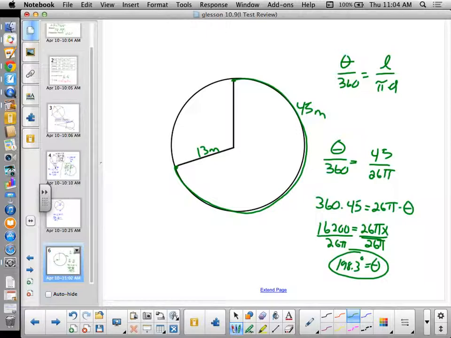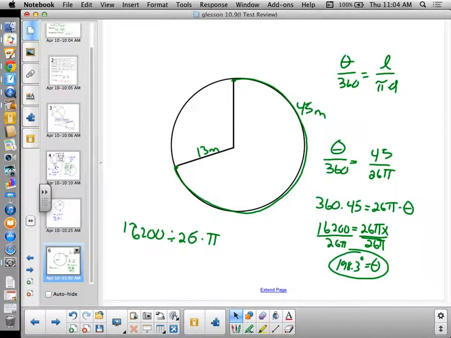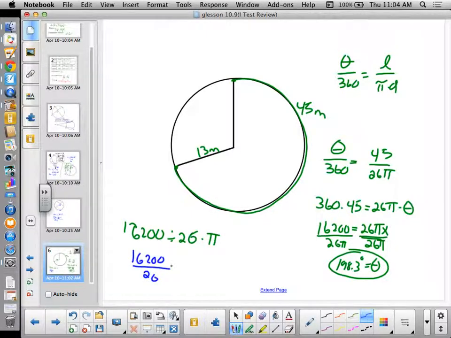But again, like I said, when I put that in my calculator, if I do 16,200 divided by 26 times pi, it's going to do order of operations as left to right with multiplication and division. So if you just put it in like that in your calculator, the pi winds up on the wrong side of the fraction.